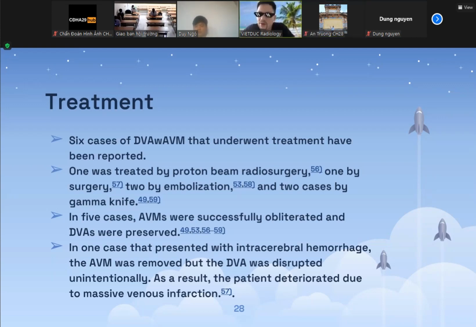I think you should mention in your report that you see a DVA, and whether it is a complication in the case of white matter brain atrophy or whether it comes with a CM.